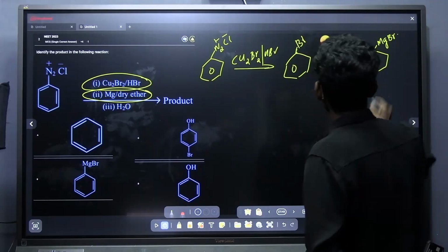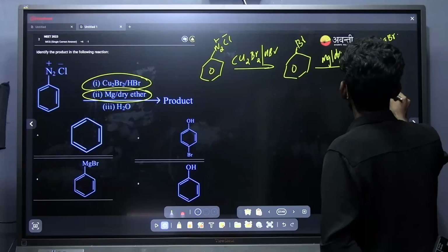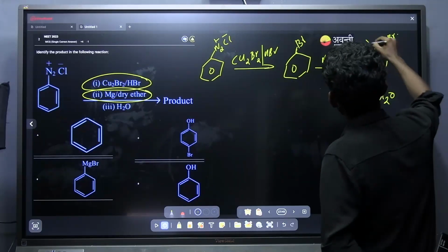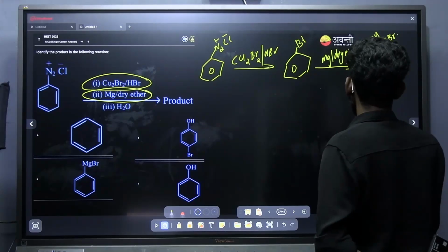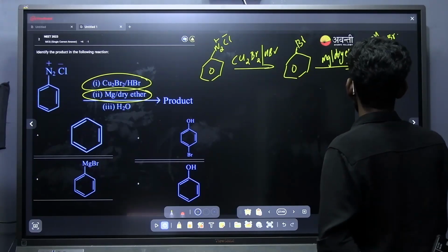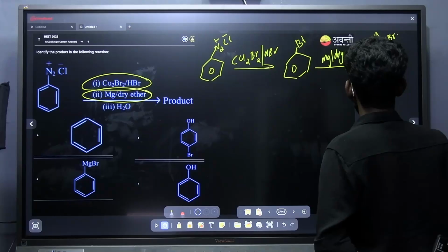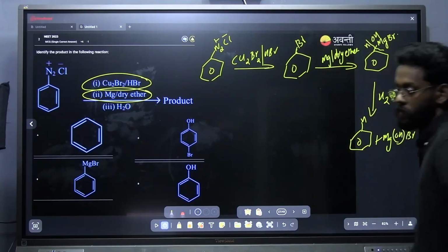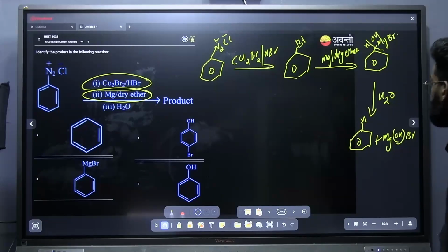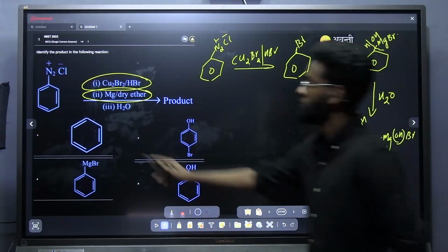Now this Grignard reagent on treating with water, H2O, what we will be getting? We will be getting benzene plus Mg(OH)Br. Got it, everyone? Yeah, the final answer is benzene.